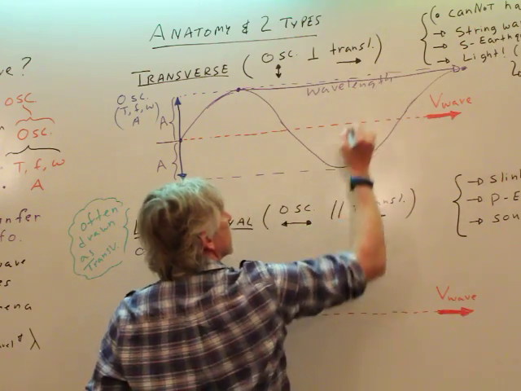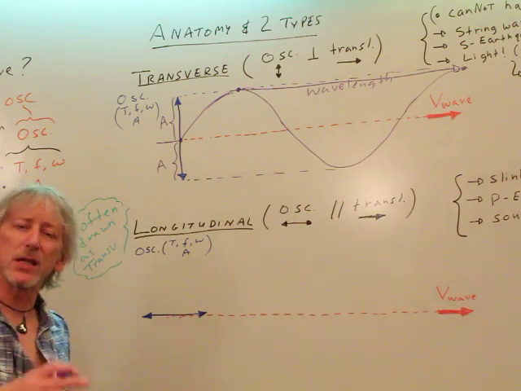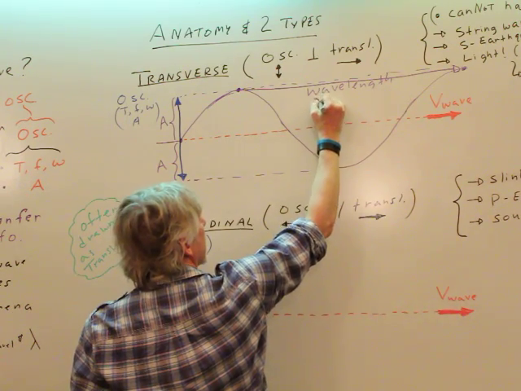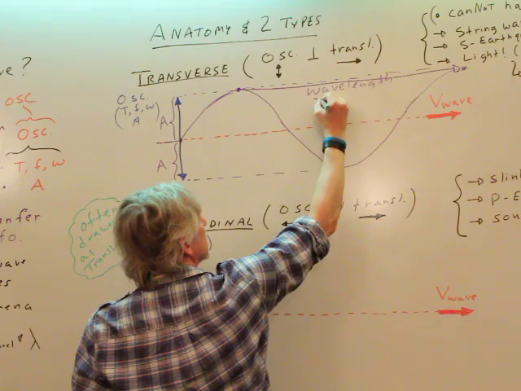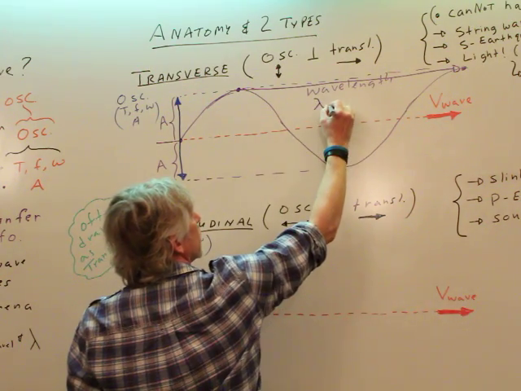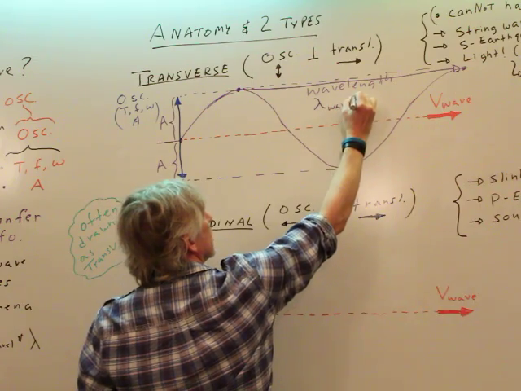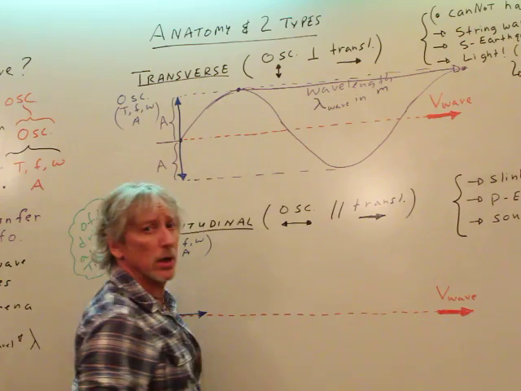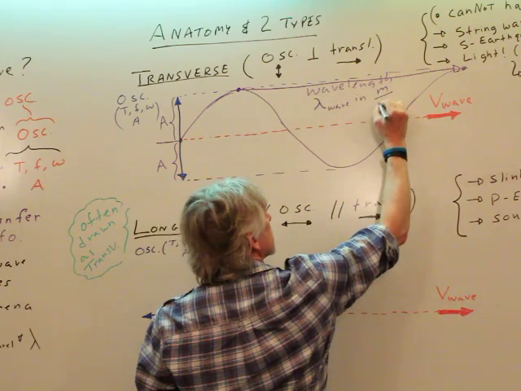What symbol should we give it? How about L for length, right? But it's not exactly length, it's the wavelength, it's the lambda, an X with the upper right missing. Lambda of the wave.